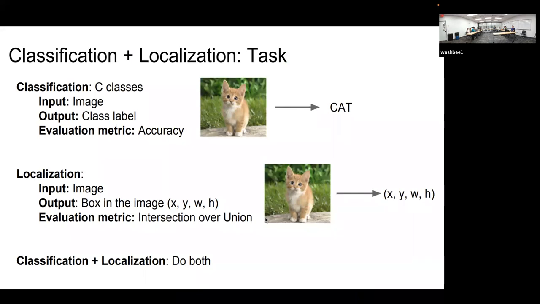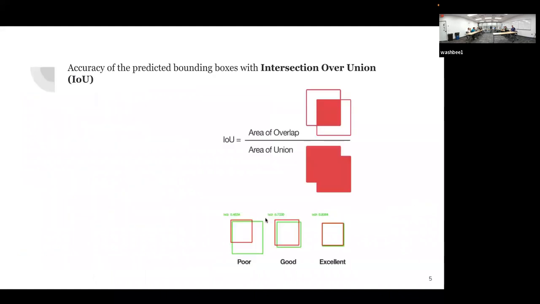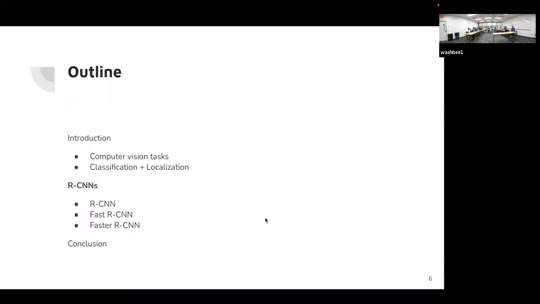So we need two outputs here. The first is for classifying the object, and the second is to figure out the dimensions of the box that we want to capture the object with. To evaluate the performance of object detection, we will use intersection over union, which is known as well.